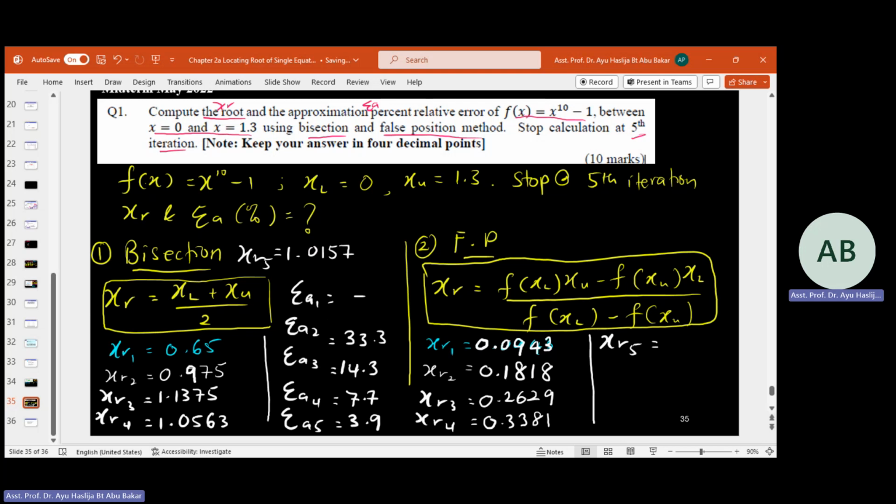Okay, it depends on the decimal point that you use. XR5, Anis, not yet. Balkis, not yet. Rabia, doing. Alif, 0.407.